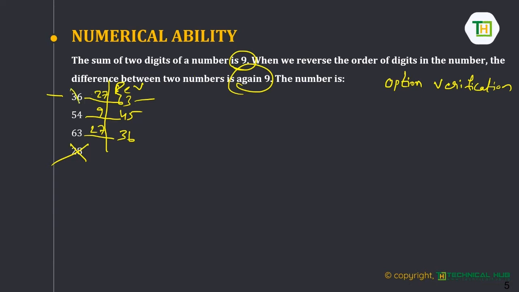Therefore, you can eliminate option A and option C. What is your required answer then? 54. 54 is the required answer. For these kinds of problems, it is always better to go with the option verification method instead of the general procedure method. That will be a time-wasting process, in fact.